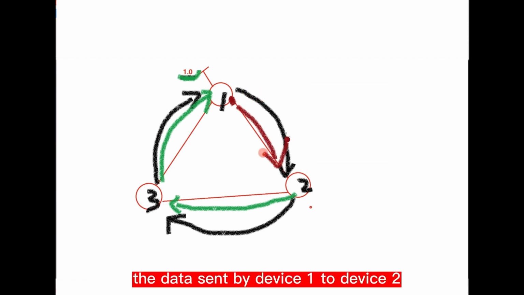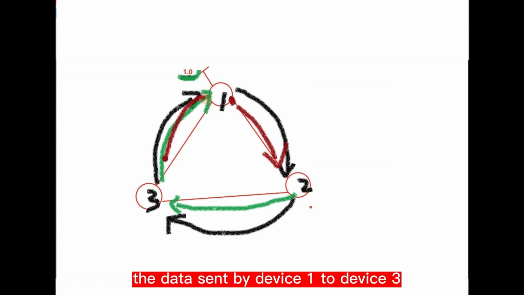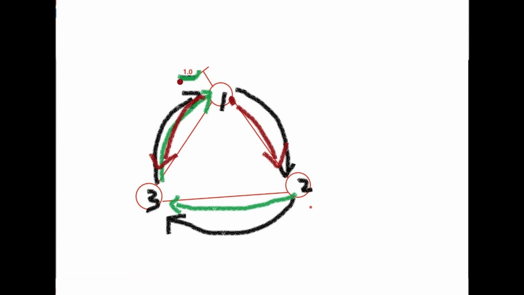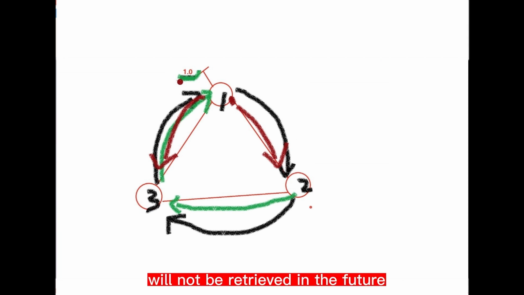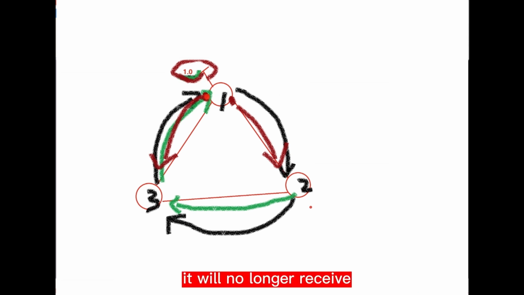The data sent by device 1 to device 2 will not be received later. The data sent by device 1 to device 3 will not be retrieved in the future. That is, this routing entry sent by device 1, it will no longer receive. So that solves its problem. This is called split horizon.